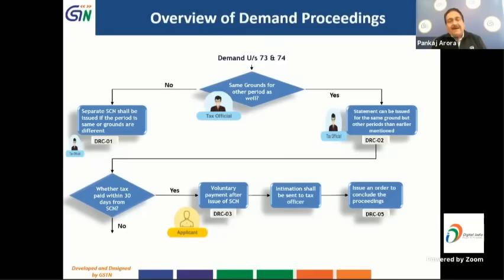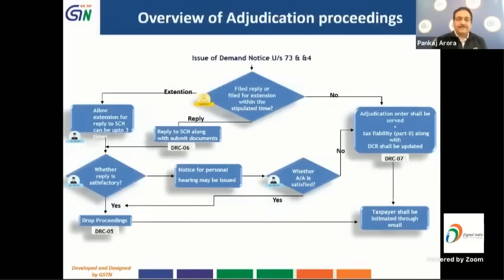When the tax official gets such intimation, and after examining the calculation and other issues, he can issue an order in form DRC-05. And if he issues an order in DRC-05, then the proceedings initiated by the show cause notice or by the demand notice are deemed to be concluded by the issue of the DRC-05 order.